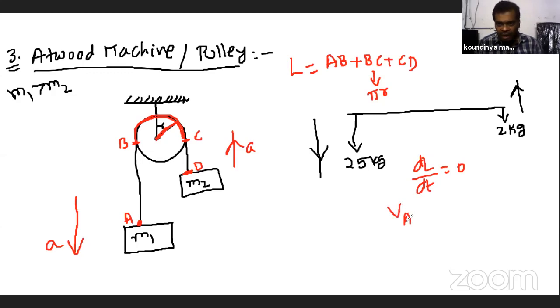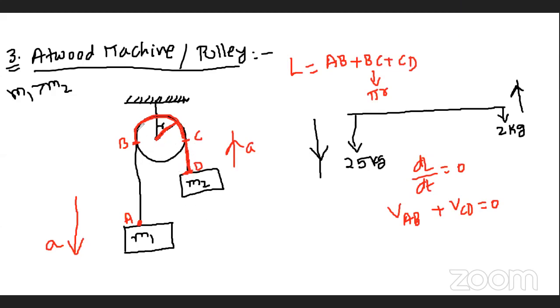So velocity of AB plus velocity of CD will be 0. Whenever the string CD is moving upwards, the displacement decreases, so velocity decreases.